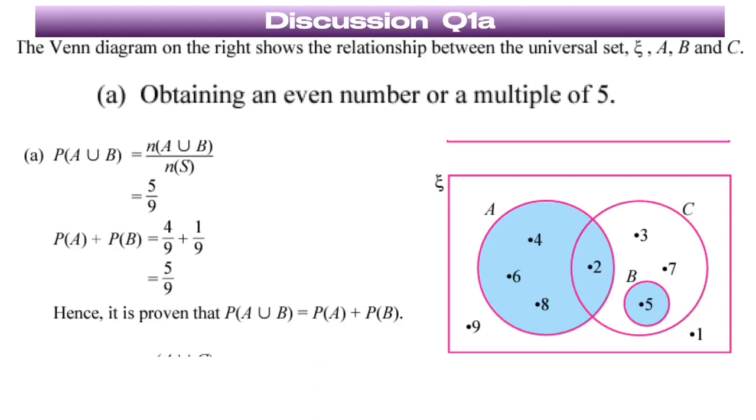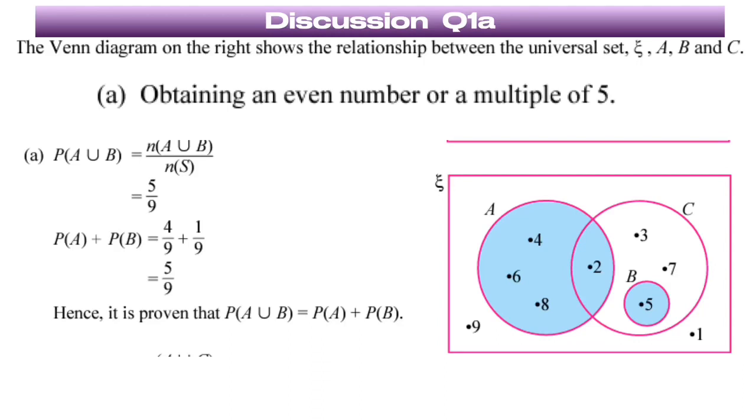So the number of elements in A union B is 5, and the total number of elements in the sample space is 9. So the probability of A union B is 5 over 9. Then the probability of event A plus event B: for event A, we have 4 elements out of 9, and for event B, we have 1 out of 9.